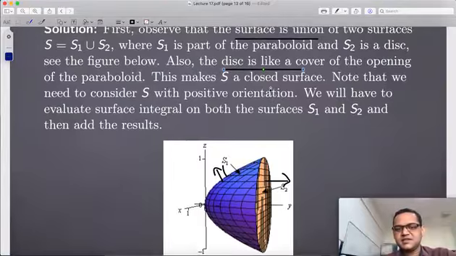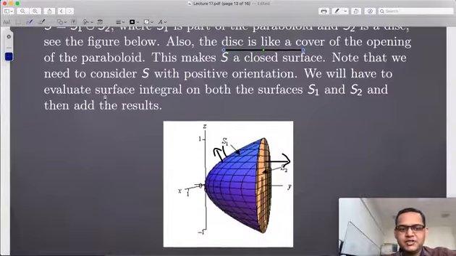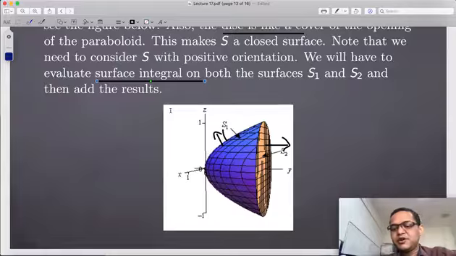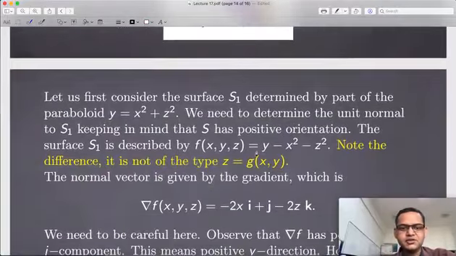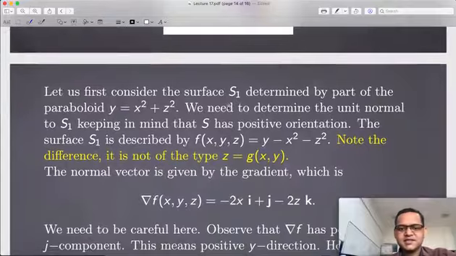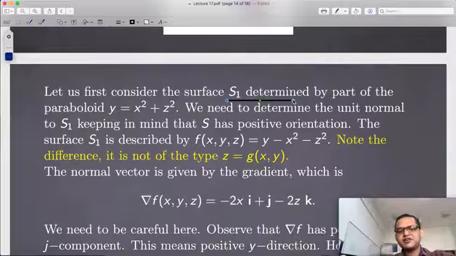We will evaluate the surface integral on both the surfaces and add the results, but we need to be careful that we always do it with positive orientation. S1 and S2 come together with positive orientation, and that will determine the unit normal on S1 and S2.